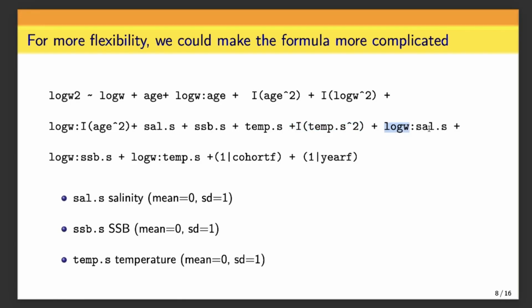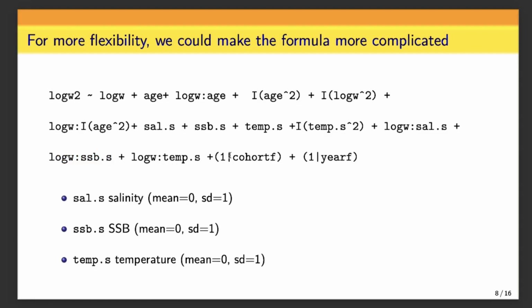Log weight can interact with salinity, and log weight could interact with SSB. The idea of this is that depending on the weight of a fish, if they're above or below average weight, they might be more robust to the effects of the environment. So that's what the interaction terms do.